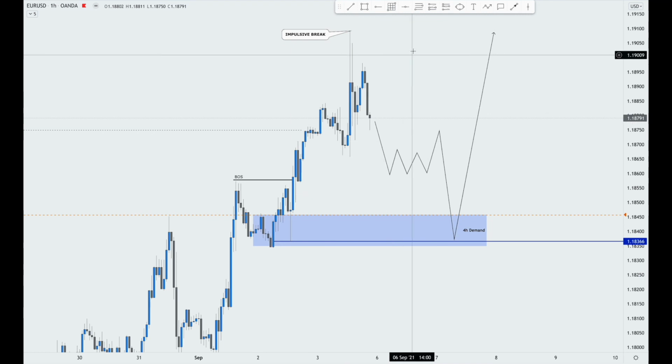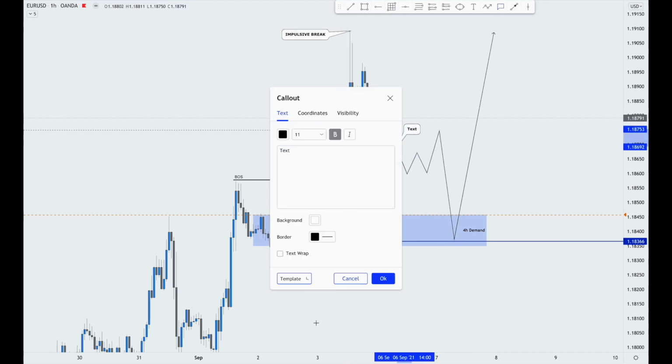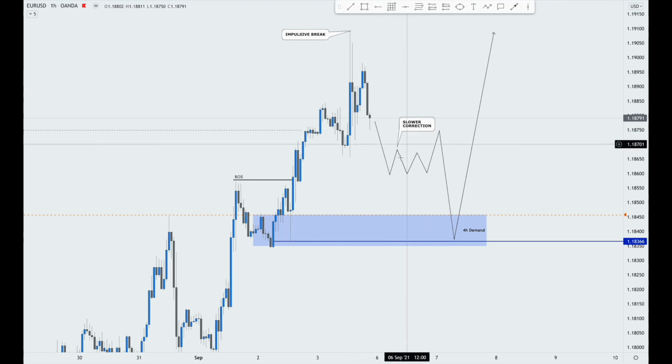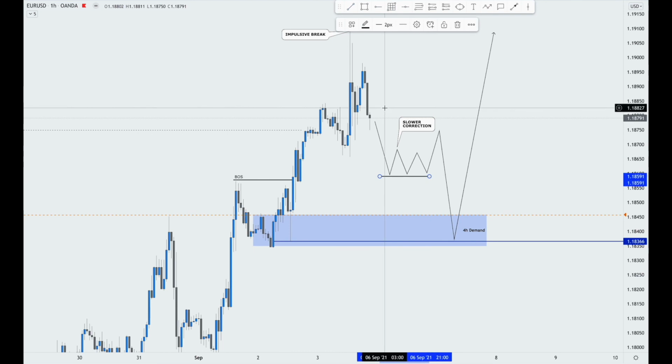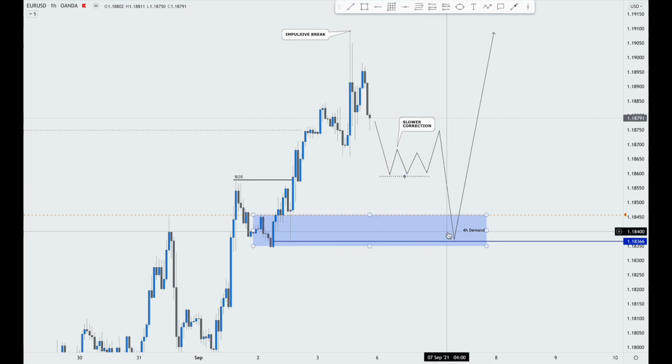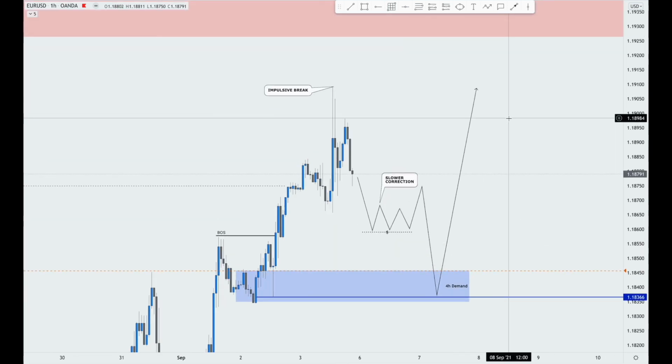I now want to see somewhat of a slower correction, okay, to then create equal lows, so liquidity, mitigation or manipulation lower in order to tap into this order block, continuation higher, and off we go.